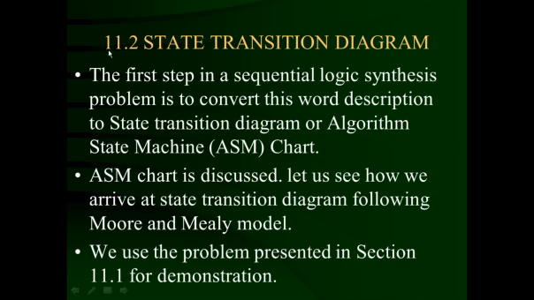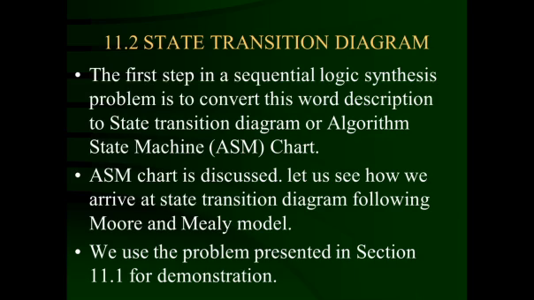Now, from the word description that was given, we'll convert to a state transition diagram in both the case of the Moore model as well as the Mealy model. The first step in a sequential logic synthesis problem is to convert this word description to a state transition diagram or algorithm state machine chart.